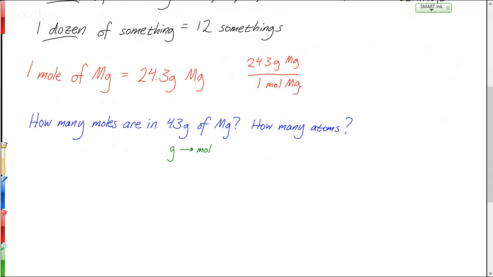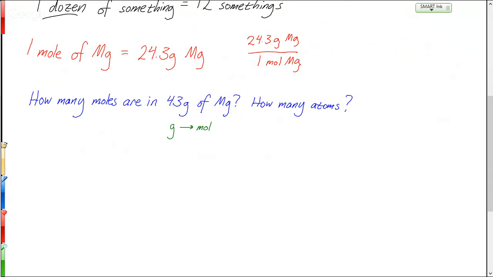That's what the question's asking, because it says how many moles are in 43 grams of magnesium. So we set up our gram to mole conversion. We'd start with that 43 grams and set up one of these conversion things just like any other kind of unit, where we're going to go from grams of magnesium to moles of magnesium.